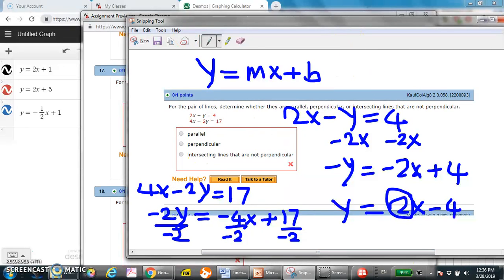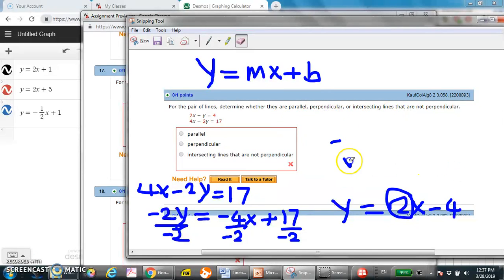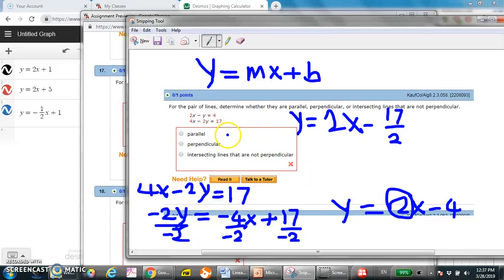After we divide by negative 2, the left hand side is y, and the right hand side is 2x minus 17 over 2. Okay, so after we convert these two equations into slope-intercept form, we can say both of them have the same slope, 2. So according to our property, we know that these two straight lines are parallel. So we choose this answer.